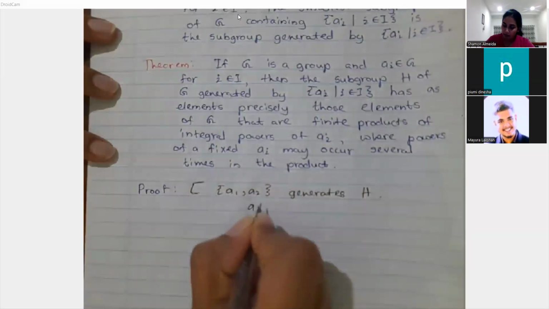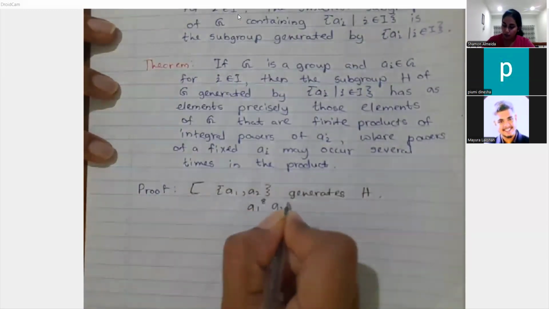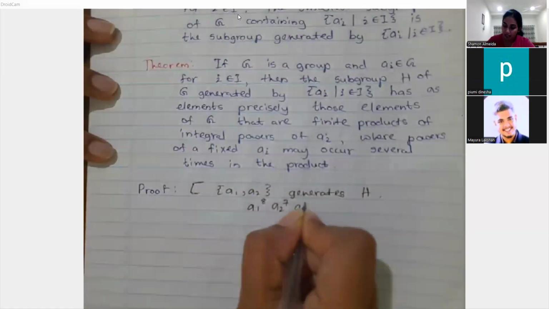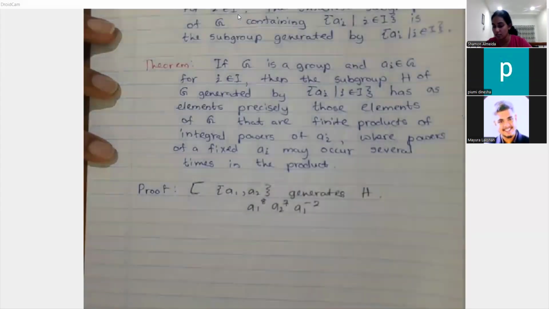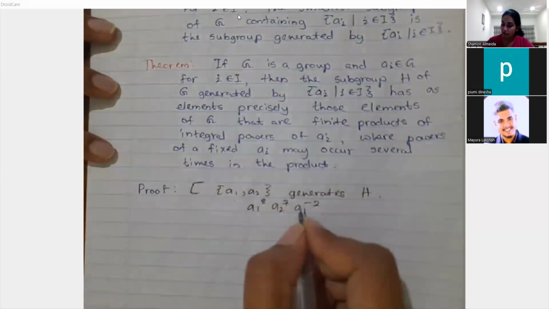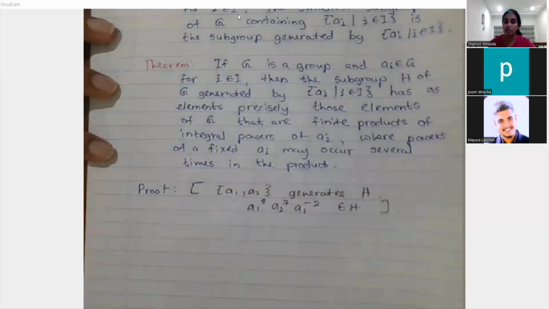So we have maybe a_1^8 in there, a_2^7, and a_1^-2. This is also a possible element in H, right? So these are the types of elements that you can get in H. That's what it says in the theorem statement. Okay, how do we prove that this is true?